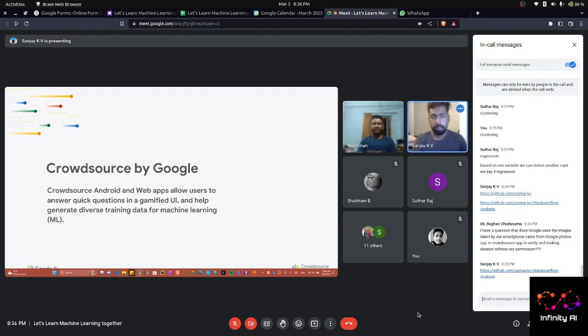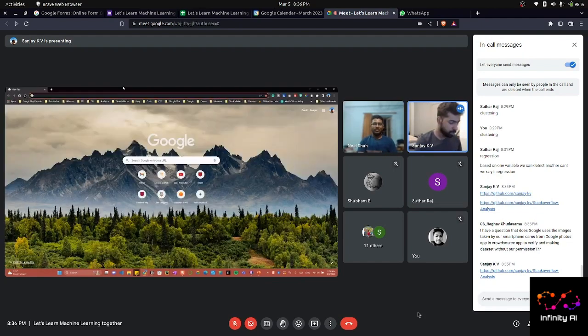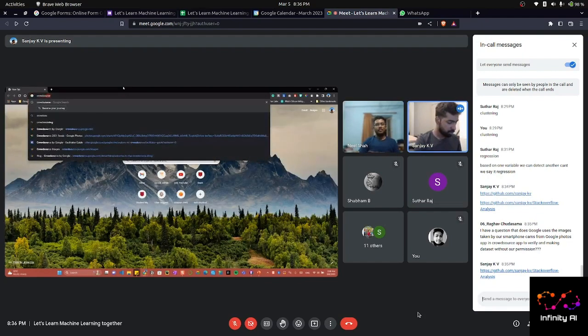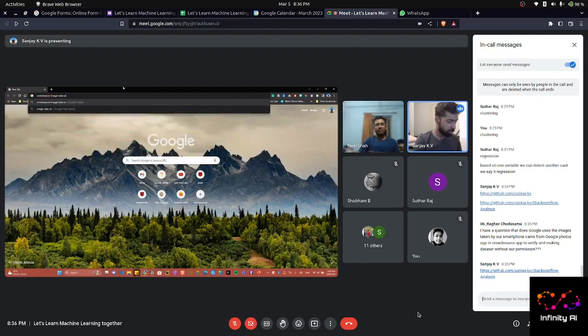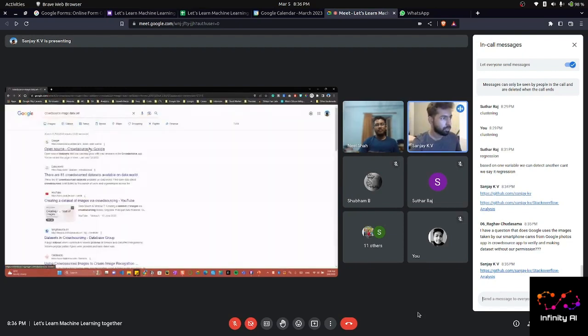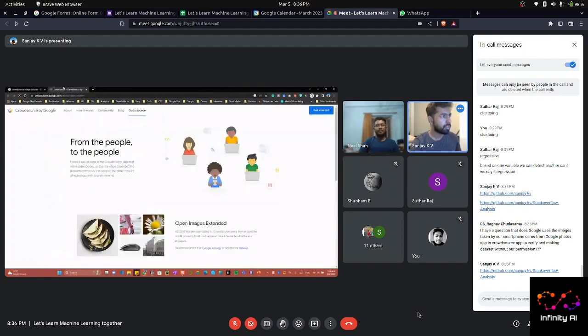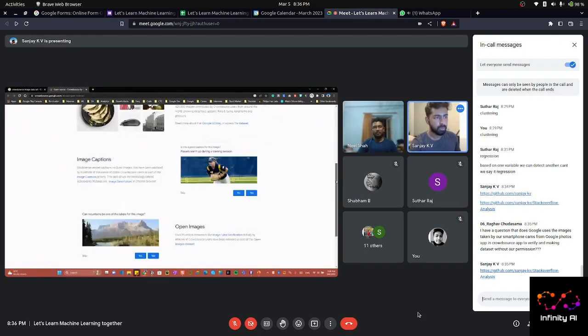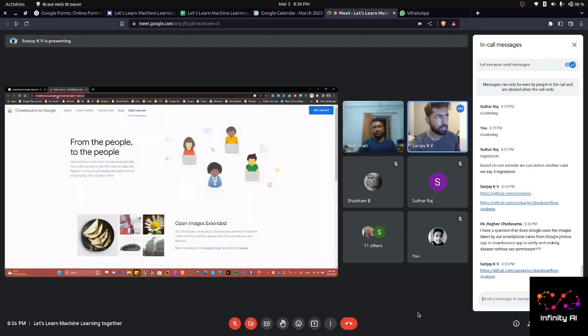Maybe I can show you a demo of it. If you search crowdsource image data set, you might get the open image data set by crowdsource, where all the photos which you have contributed through this particular app are available.